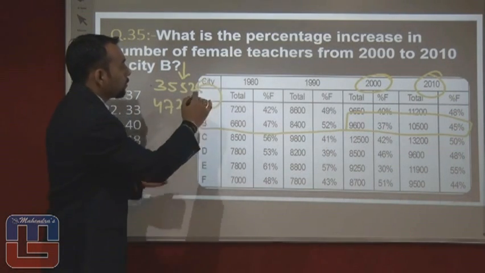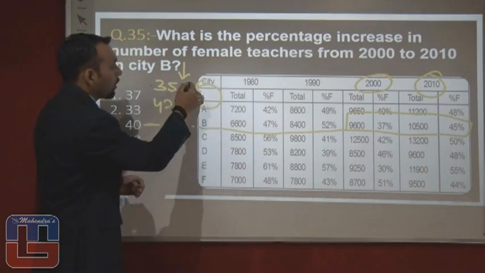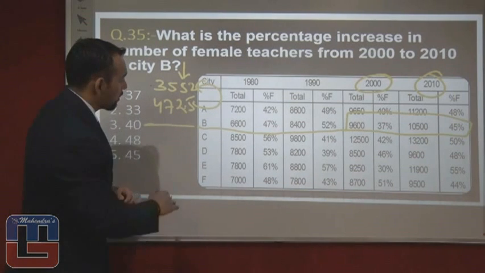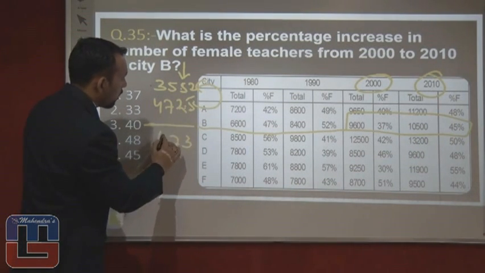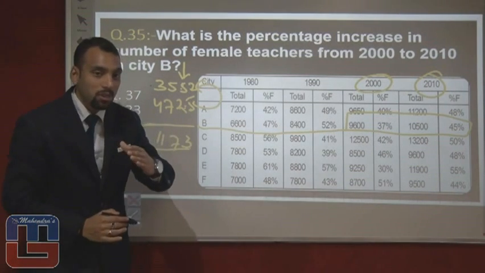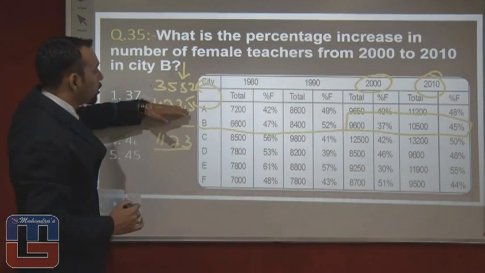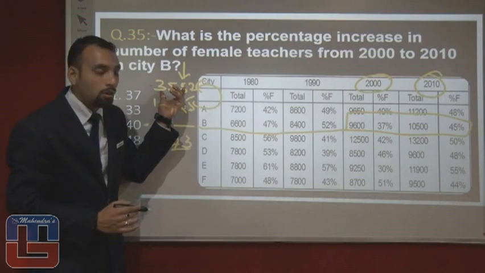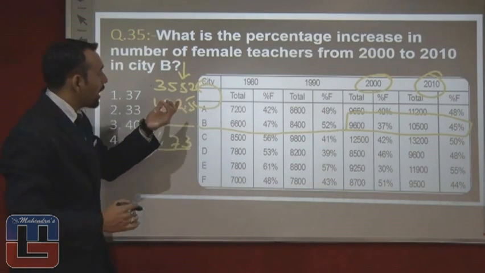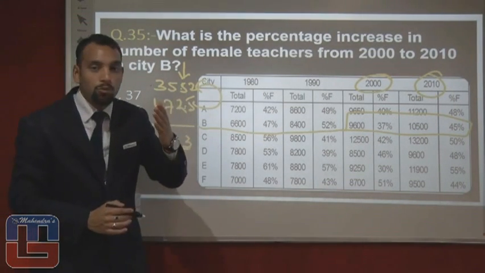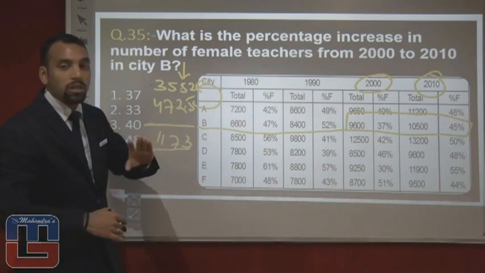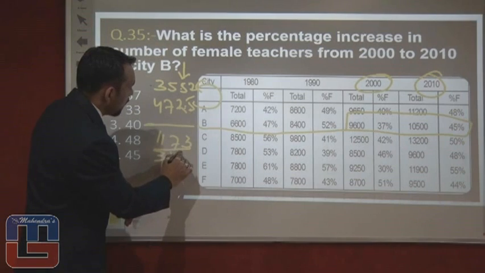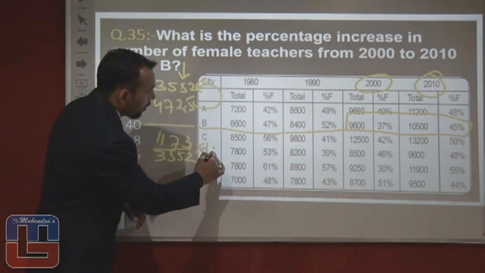We will take the difference of the two numbers. The difference is 1173, and we are comparing it to 3552. So in the denominator 3552 will come, multiplied by 100.